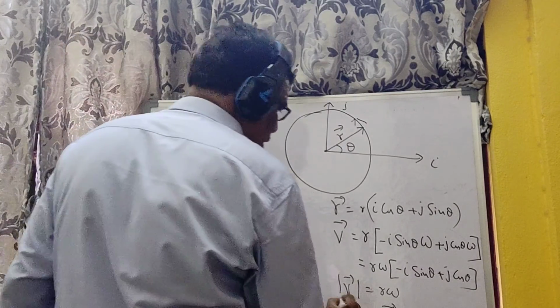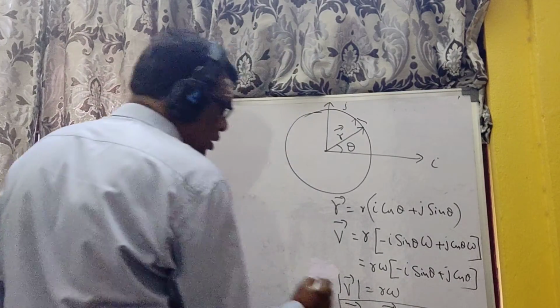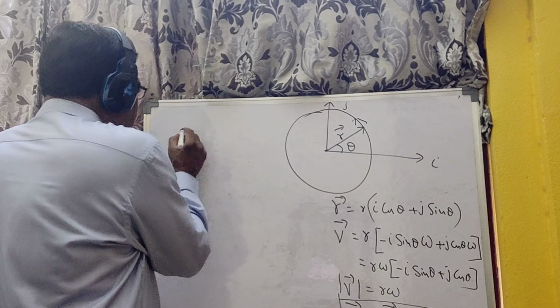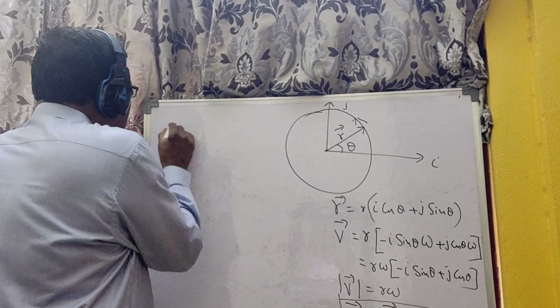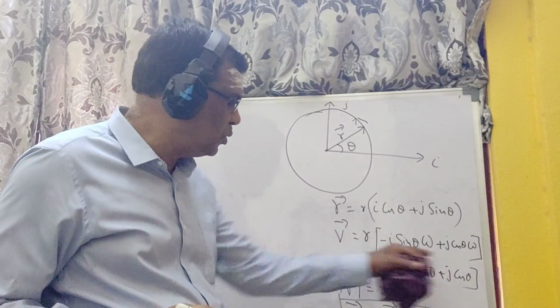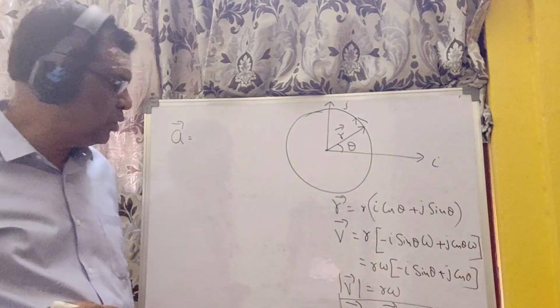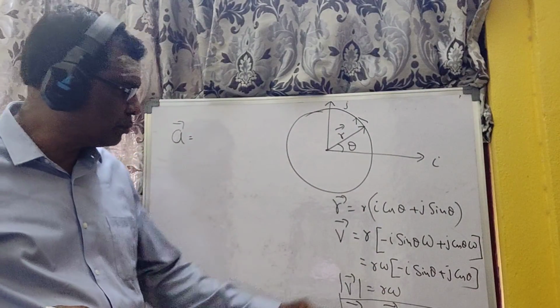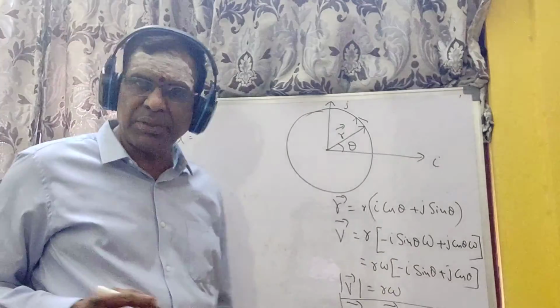So now we have got it as omega cross r. You have seen, and then I tried to give you acceleration. When you divide this acceleration into two parts, you definitely got two terms there.